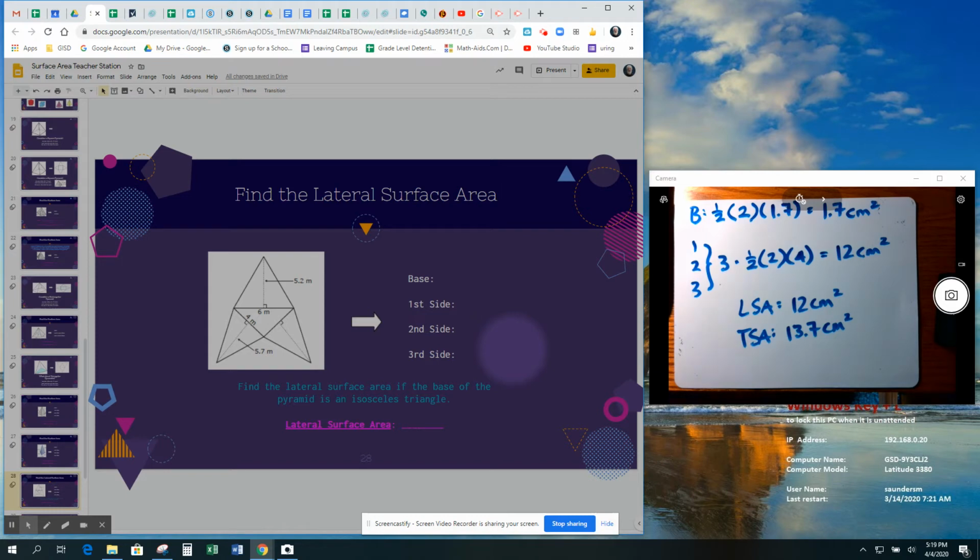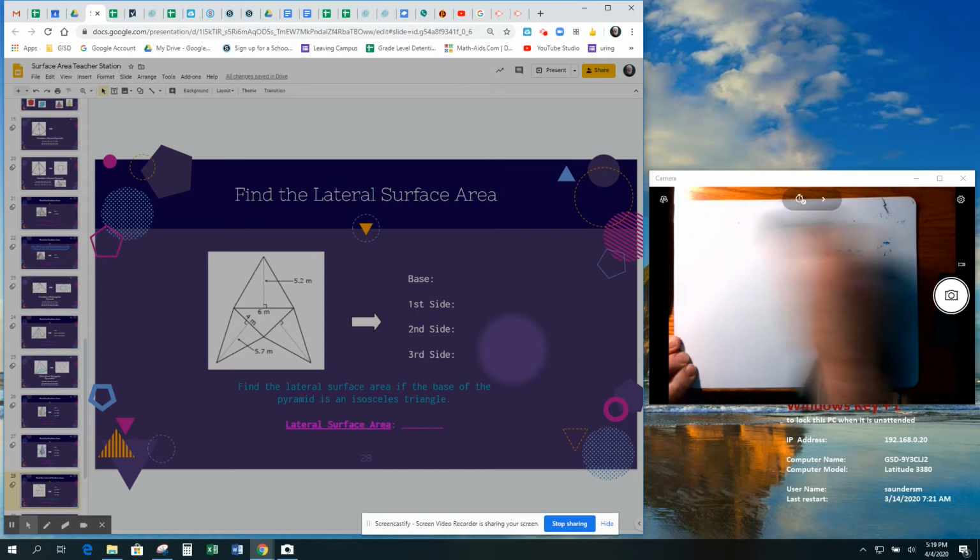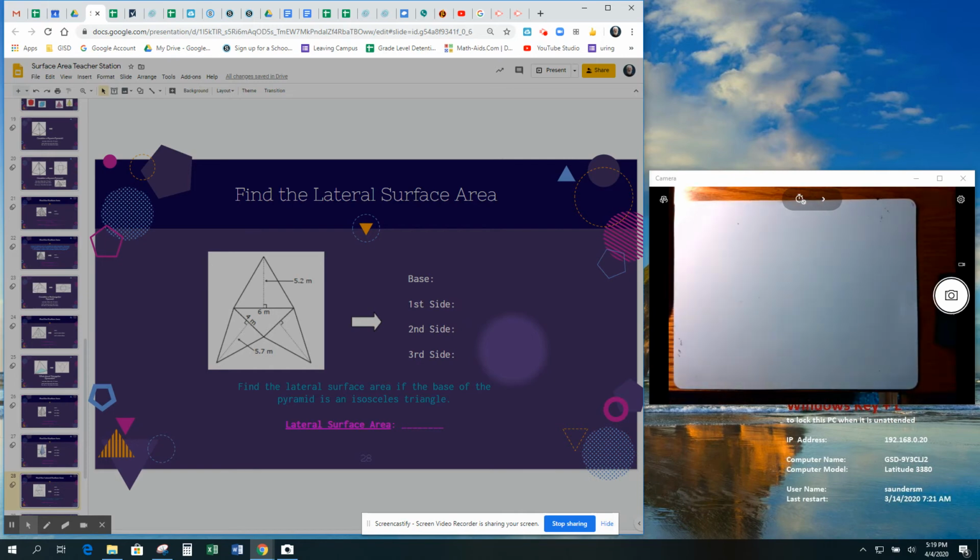Find the lateral surface area, and they give us a triangular base pyramid. That's what this net is. It's a triangular base pyramid, so the triangle in the center and the 3 triangles going out would form the sides. So on this one, the sides aren't going to be the same. They tell us that it is an isosceles triangle.